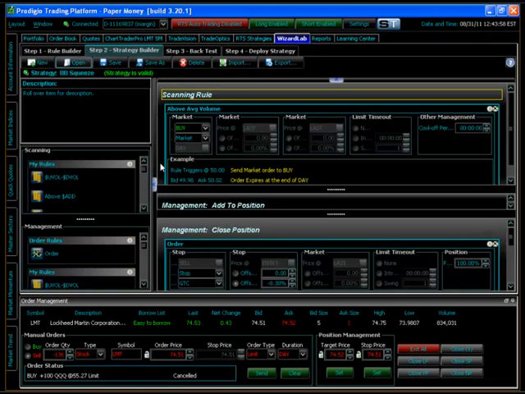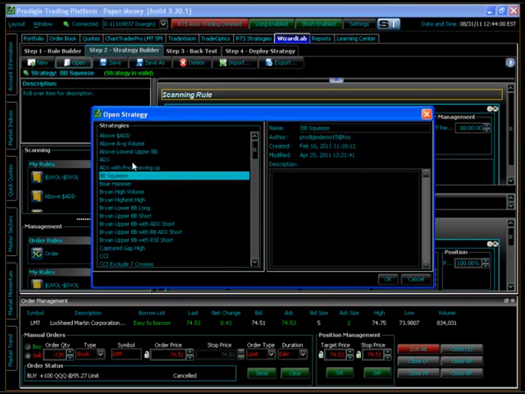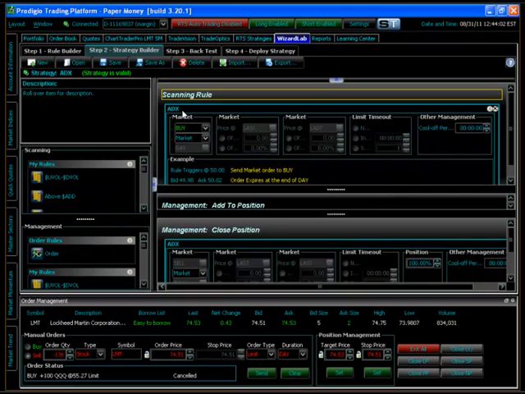And if I open up my ADX strategy, which uses that ADX rule, notice one of these rules is the scanning rule. That's the entry rule. If I were to deploy this in robotic trading, it would wait until it found a signal based on that rule for any of those symbols in my deployment list.